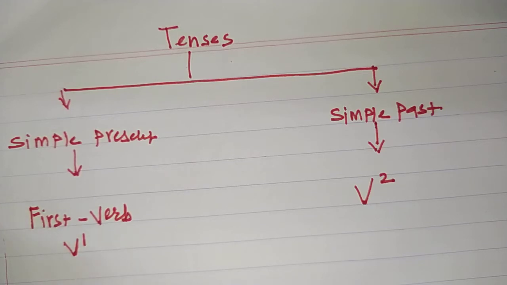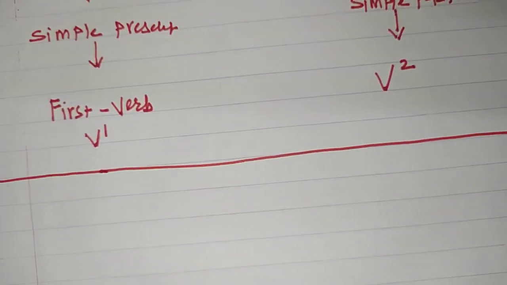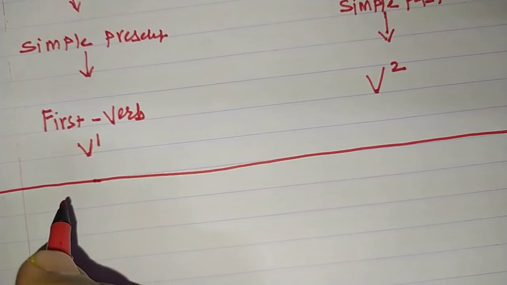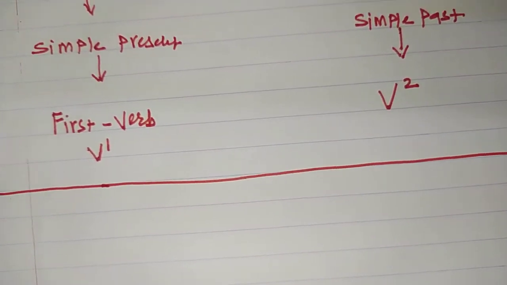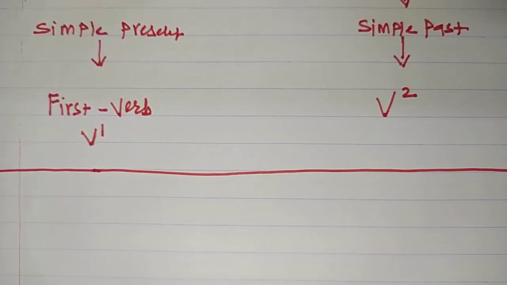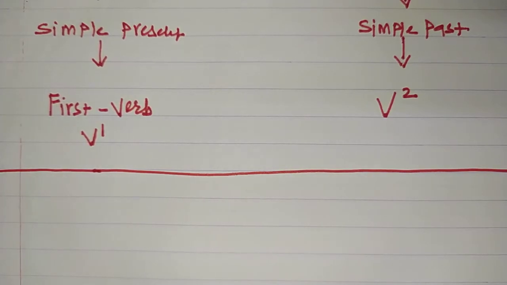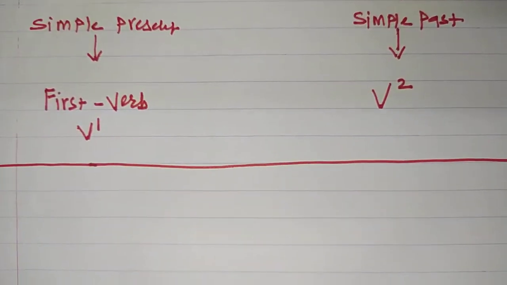Now, without writing sentences, let me show you an example, if you are using a verb. Now, what is a verb? You all know very well. A very simple definition of verb is: any action word is called a verb.